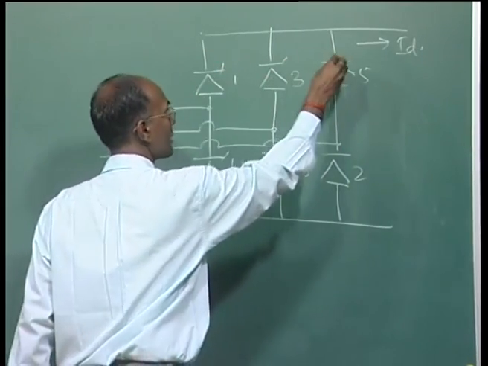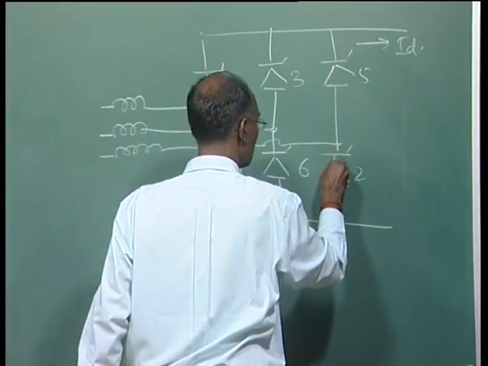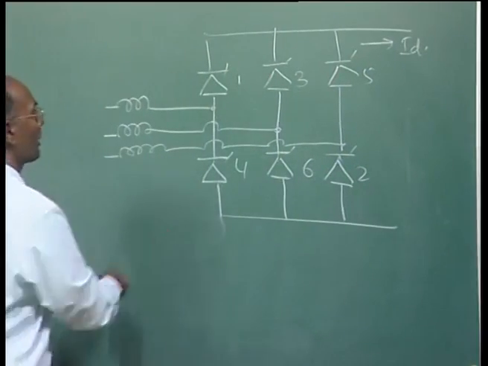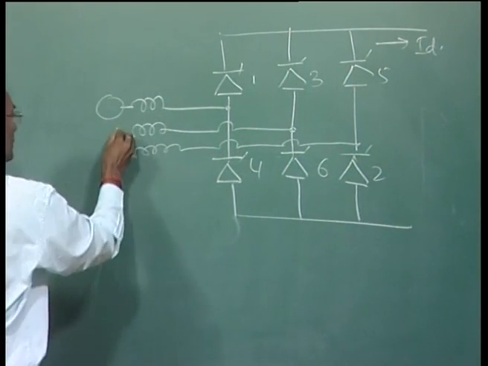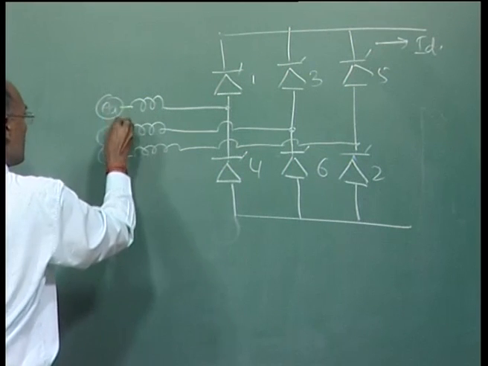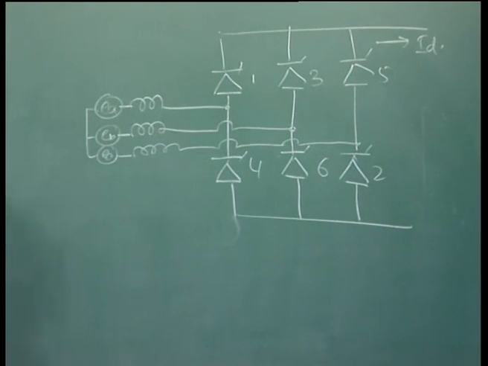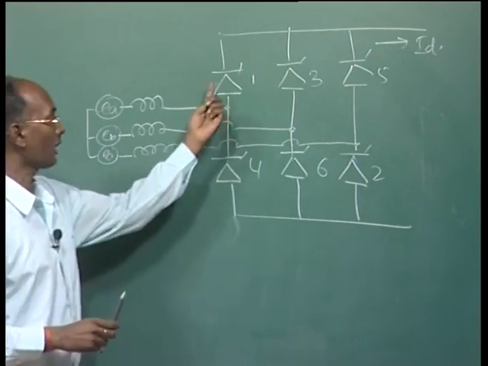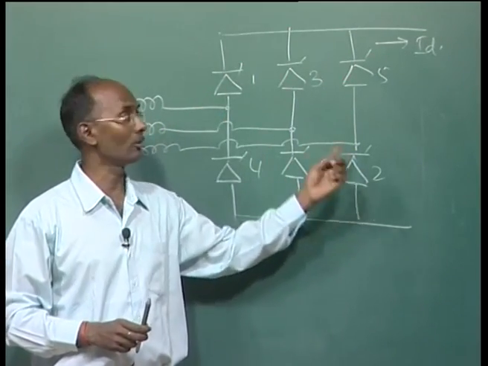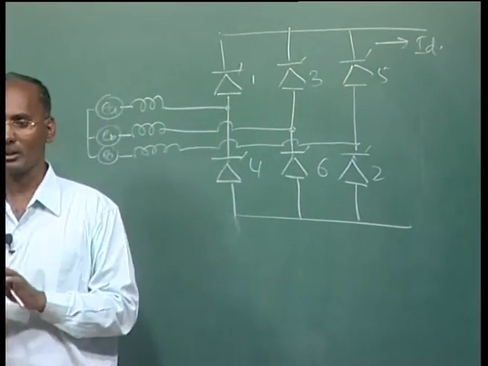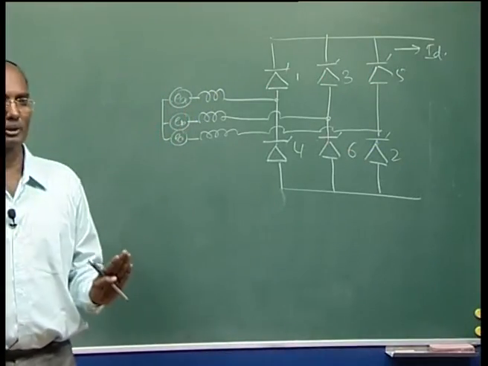These are the thyristors or GTOs, the switching devices, and these are the voltages EA, EB and EC. Again we start in this diagram with 1 and 2 conducting and 3 getting the pulse, because in the whole analysis I have taken the same reference.